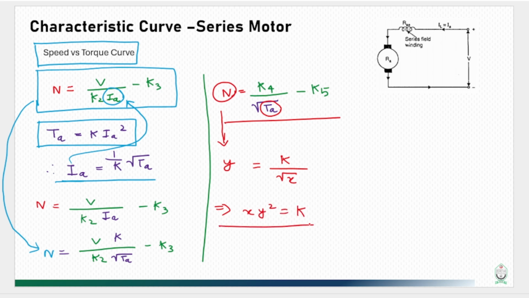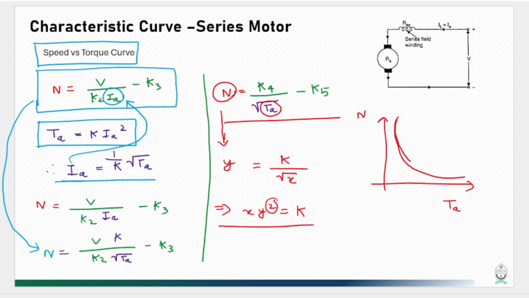So this is also a graph of a hyperbola, which is similar to the graph we drew previously. If we plot the speed of the motor on the y-axis and the torque on the x-axis, we get a similar curve, but the difference here is that this curve will be much steeper than the previous one, as we have a square attached to our y-axis variable.